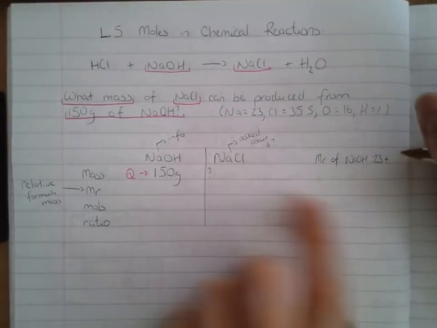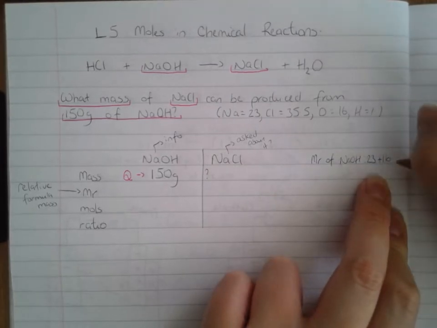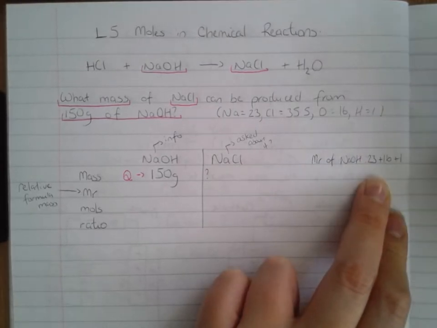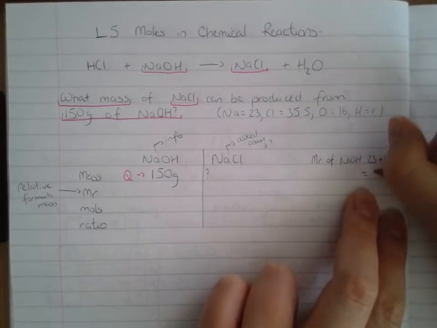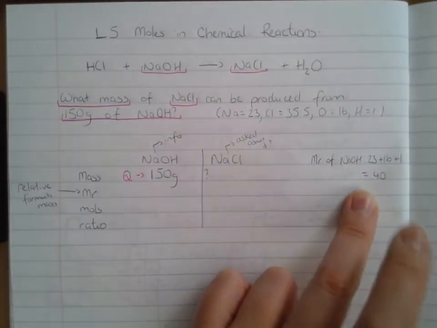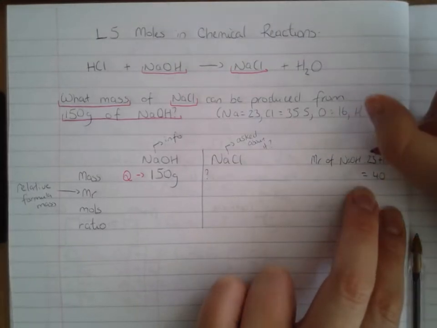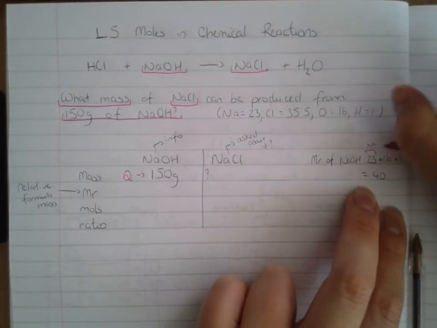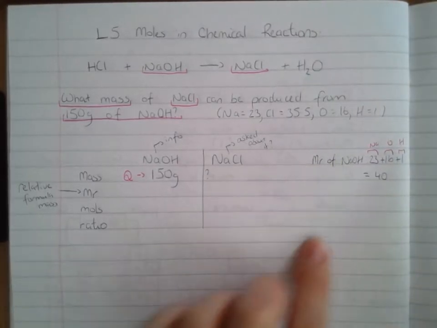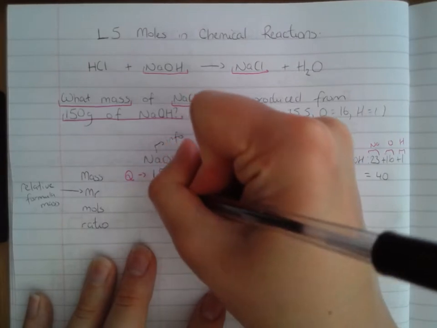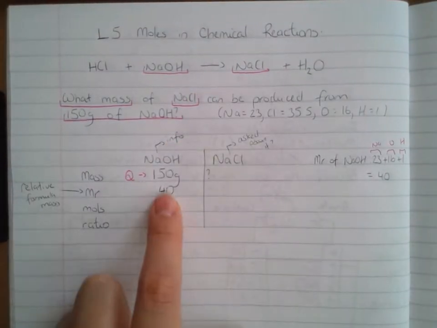The big number next to oxygen is 16. The big number next to hydrogen is 1. And I add all of those numbers together and I get 40. So that 23 is coming from the Na, the 16 is coming from the oxygen, the 1 is coming from the hydrogen. I add those masses together and I get 40 and I put that in. You do need to be able to do that for yourself.